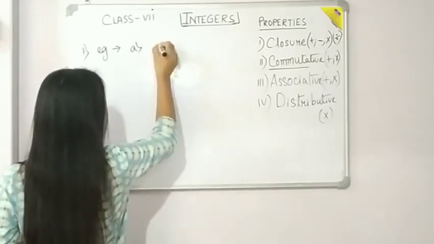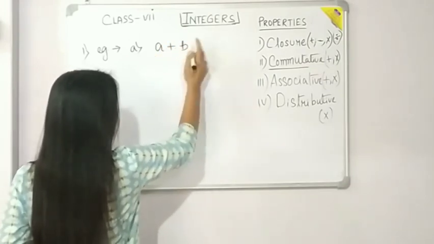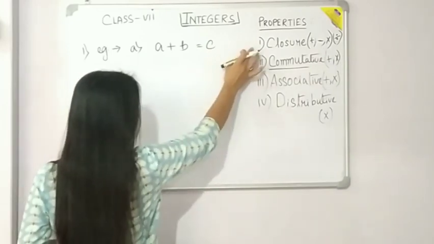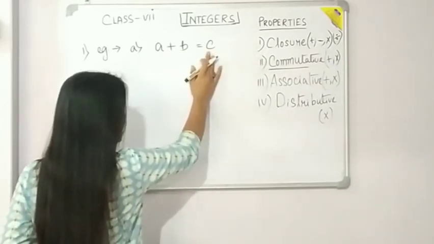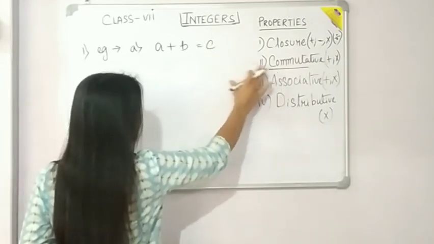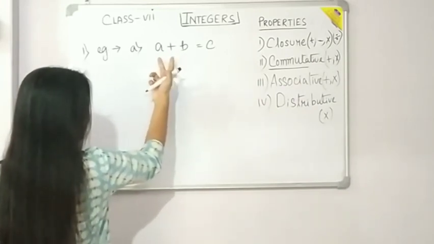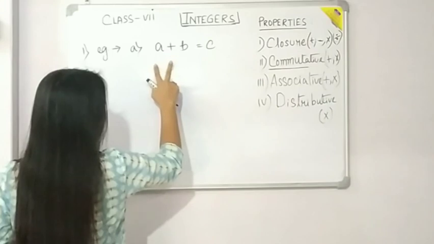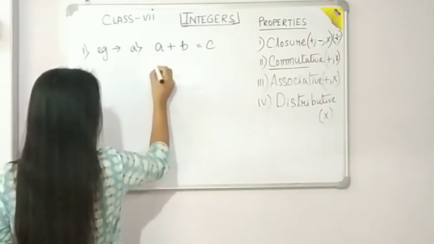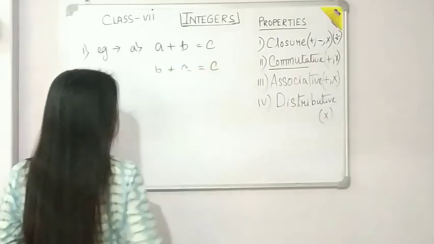As for example, if we take a plus b, then the sum of integers will come as an integer, isn't it? From the first property, the sum of two integers will come as an integer only. Next, according to commutative property, two integers can be added in any order. If we now swap the numbers, means if we take b in the place of a and a in the place of b, then also the answer will remain the same.